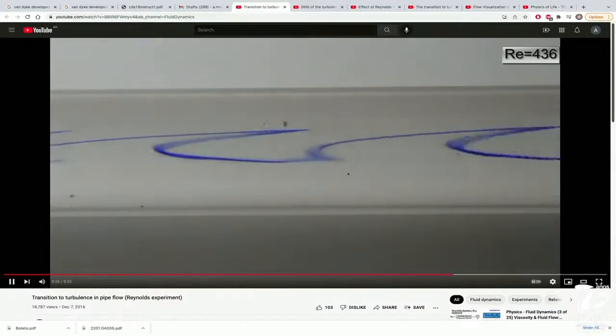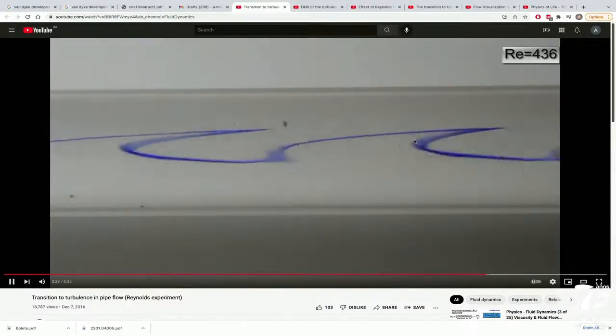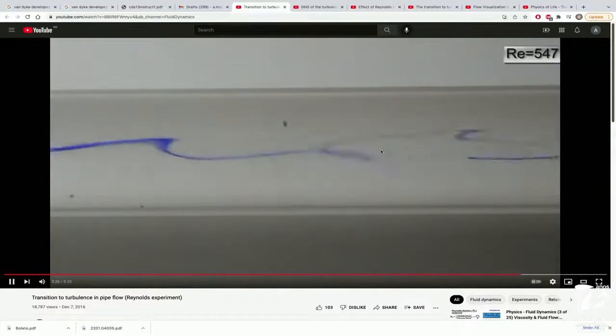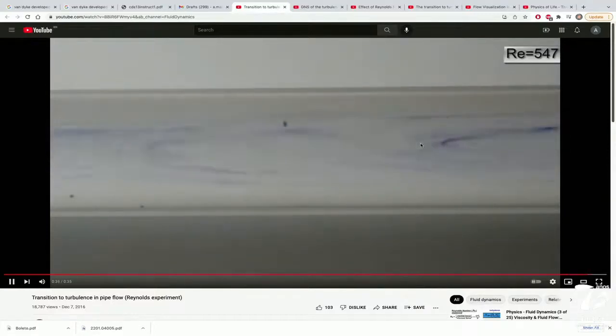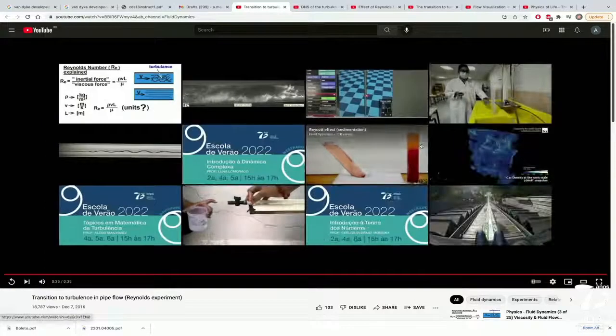There is this bifurcation to periodic flows. And then it becomes completely disordered. So you see, you inject some dye and it becomes fully disordered.